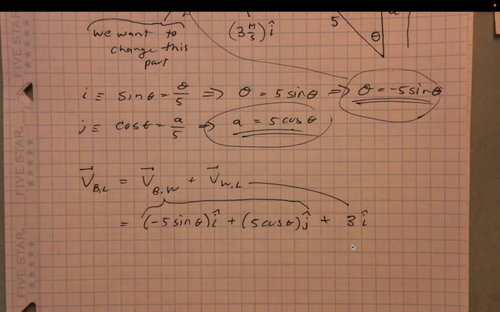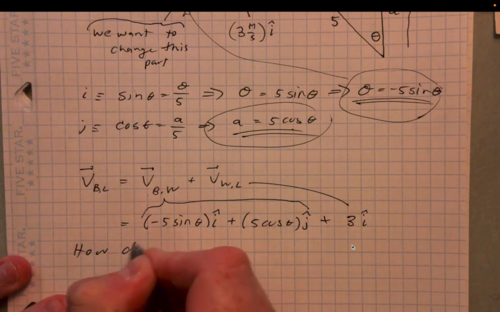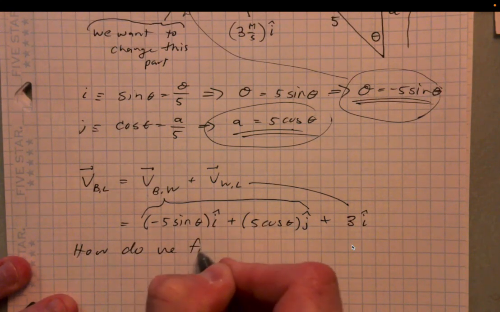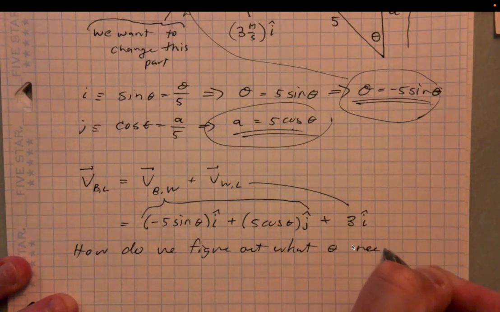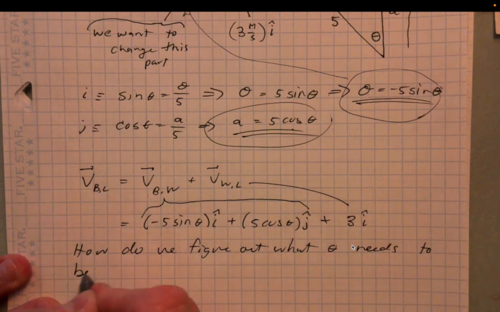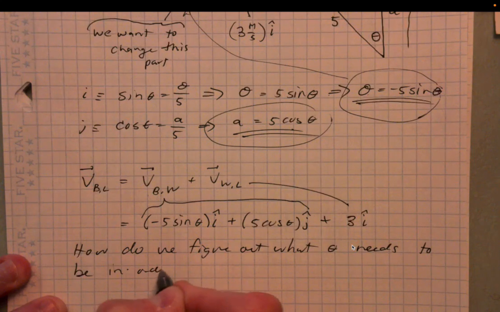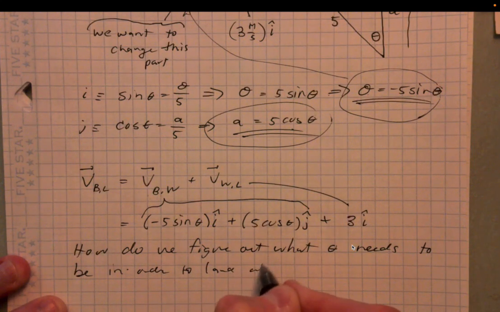So the question is, how do we figure out what theta needs to be so that we land at the dock?